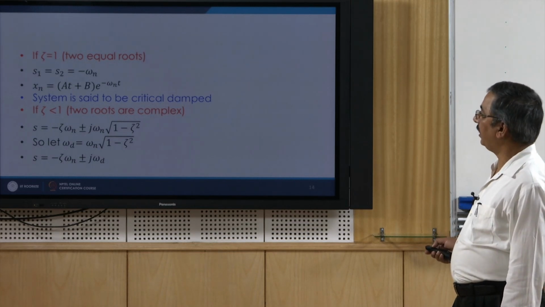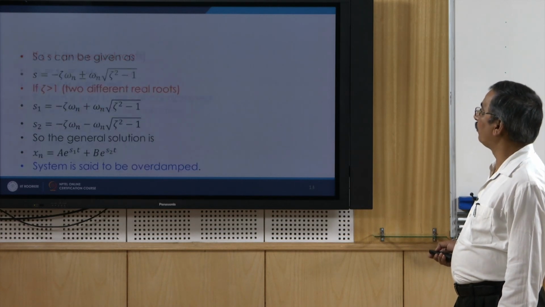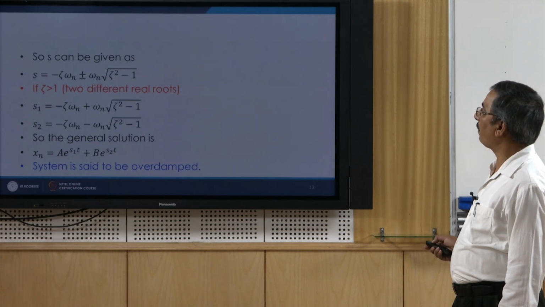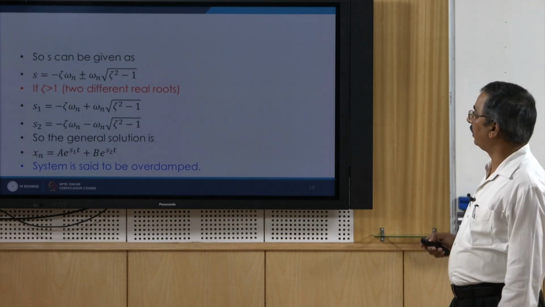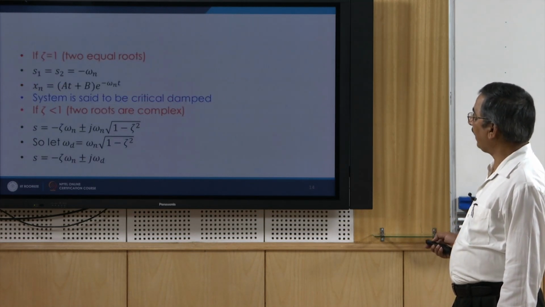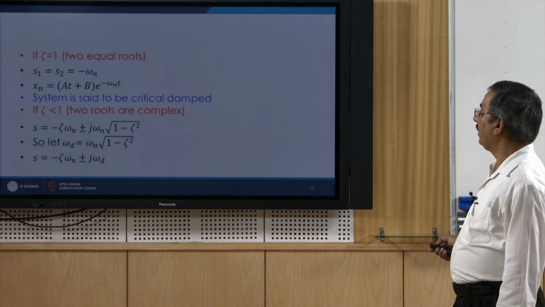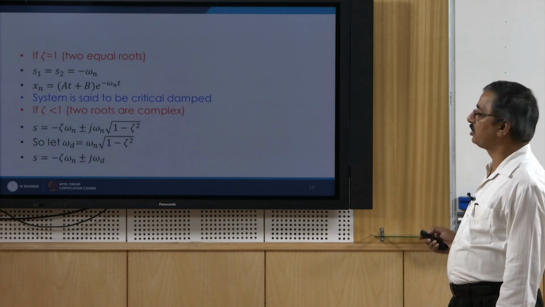Now, let us see the third case, that is zeta less than 1. Here, if zeta is less than 1, then this term becomes a negative term, and the square root of a negative is going to be a complex number. So, we are going to write that in a slightly different way: I am going to write 1 minus zeta square, and whatever negative term square root is coming, I am going to write as j.